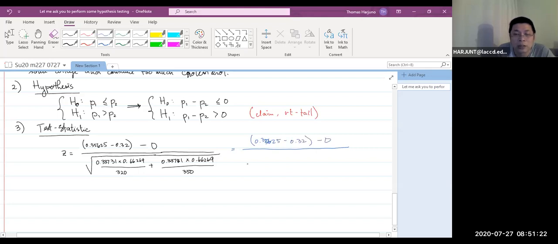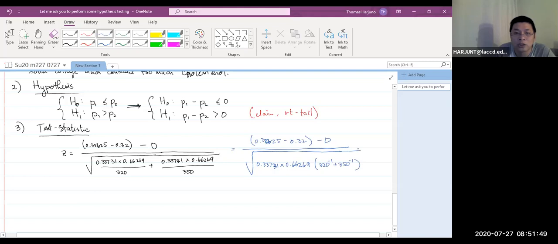So some instructors actually use this formula. They use 0.33731 times 0.66269 times 320 to the negative 1 plus 350 to the negative 1.